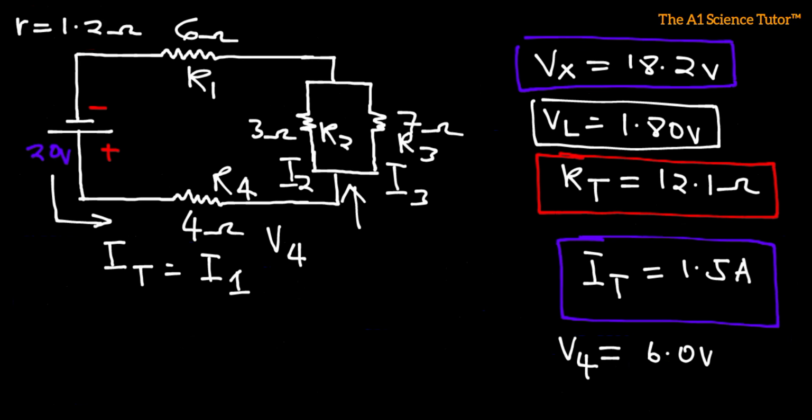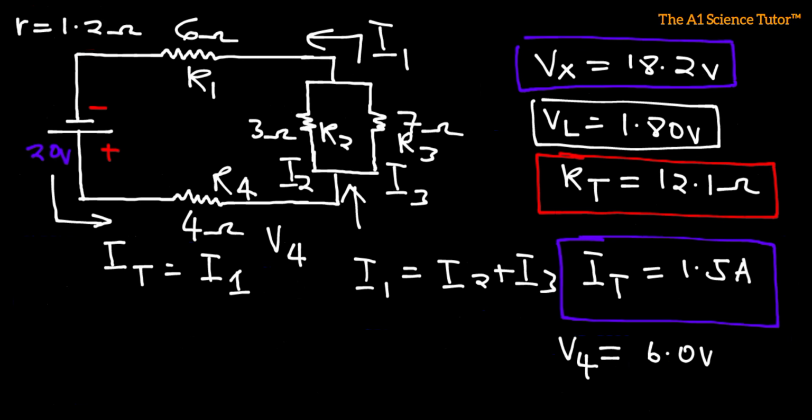Okay, so we know that IT, which is the same thing as I1, will be equal to I2 plus I3. Now, as we come to the end of this junction, there is going to be a reunion of the two split currents, and so that is going to get added together. And so the current that should go through the 6 ohm resistor is still going to be I1 or IT, right? So let us find what that is going to be.